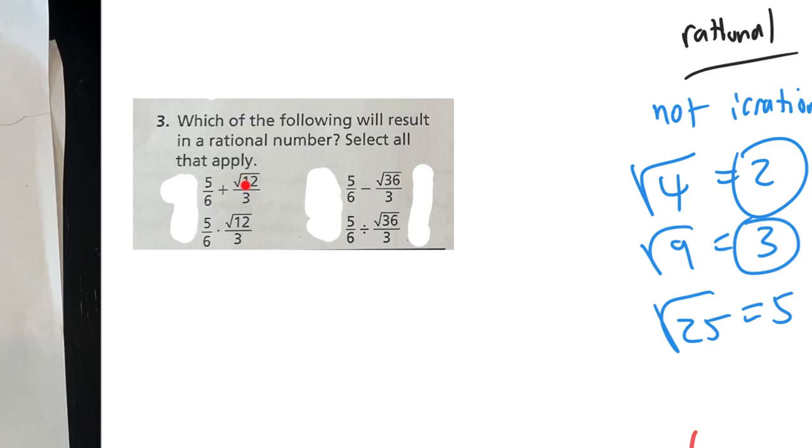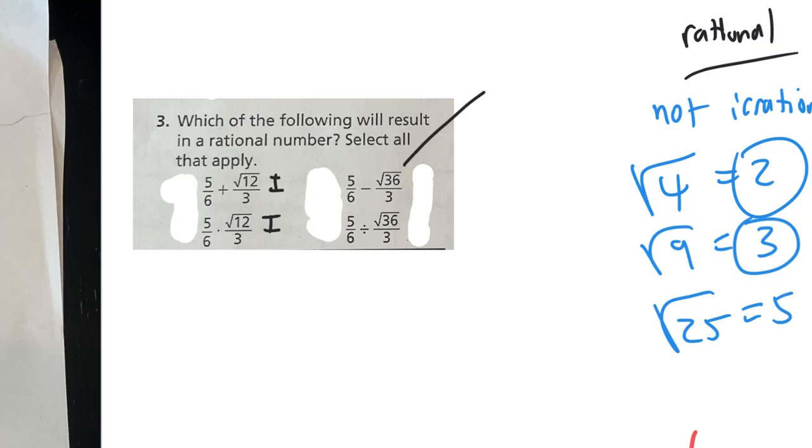So that's an irrational number over 3, which is going to be irrational also because irrational divided by rational is also irrational. So this is irrational. This is rational. We have rational plus irrational. So that's irrational. Over here, we have rational times irrational. So that's also irrational.